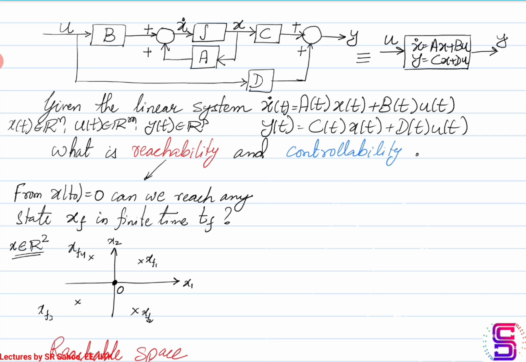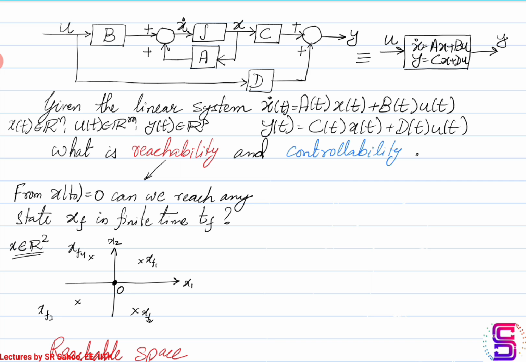Now this continuous time u(t) may very well be different for different solution trajectories that you are generating. But all the solution trajectories are going to start at 0, and depending on the control input, they will pass through certain points at t equal to tf.